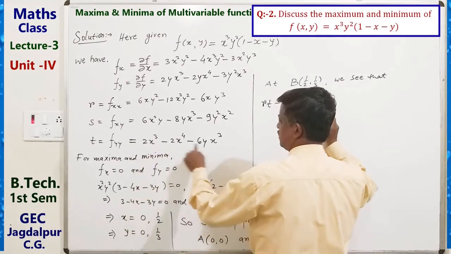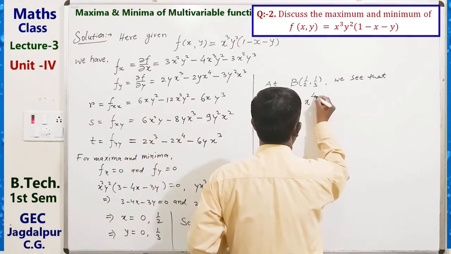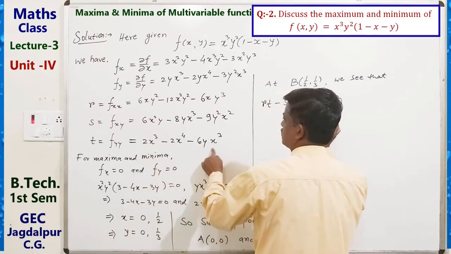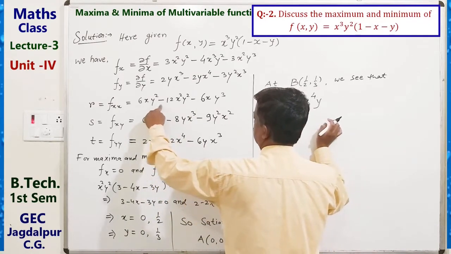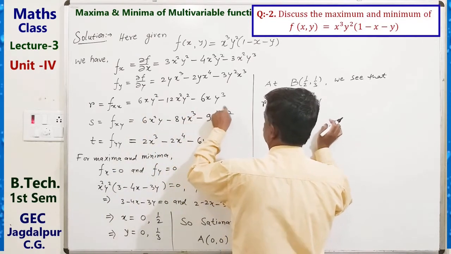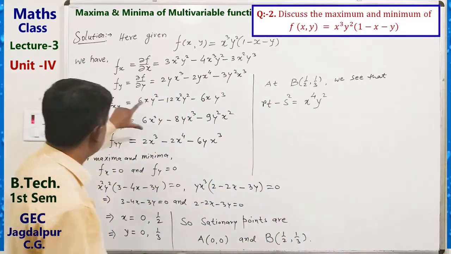So here we see that x cube can be taken common, here x can be taken common, so x to the power 4 taken common, and here y square can be taken common, because these two are multiplied.